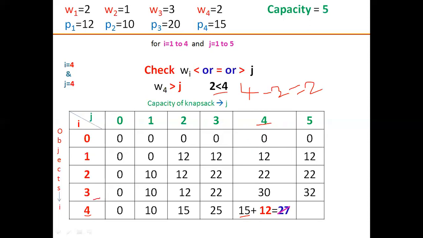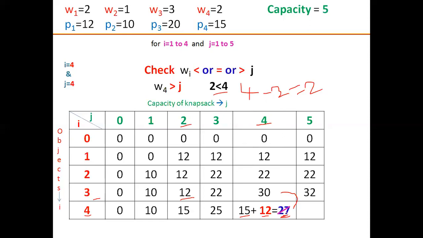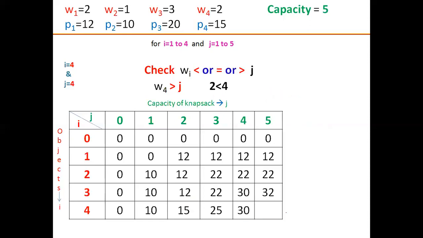For the previous row 3, previous column, that is 4 minus 2 is 2. How much it is? 12. So I got here 12. 15 plus 12 is 27. So now here compare with the previous profit. Previous profit is 32. But now I am earning only 27. So I have to keep the maximum profit. So my maximum profit is 30. So I have to remove this 27. I have to keep here 30.